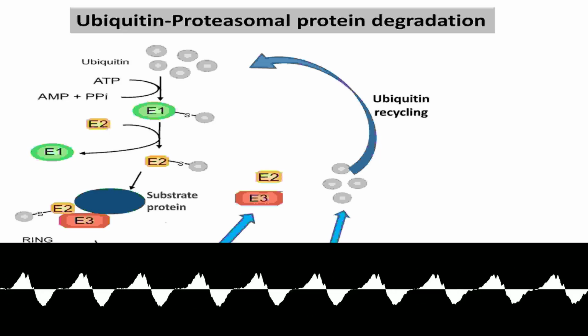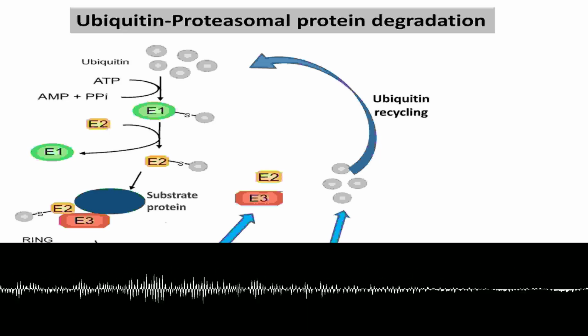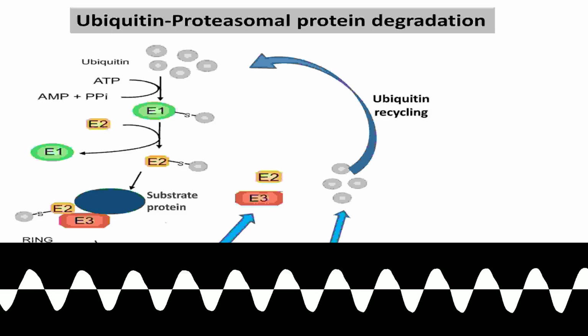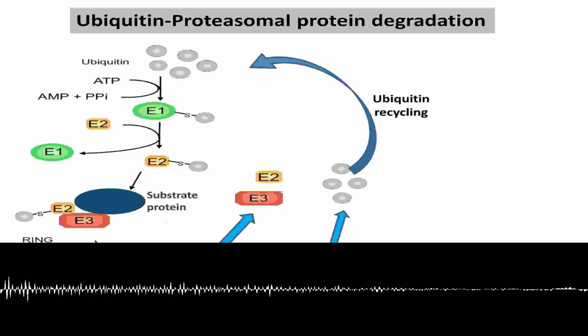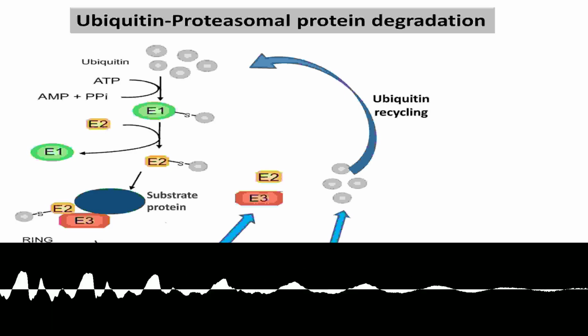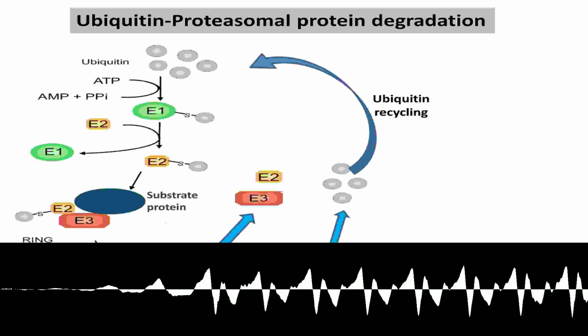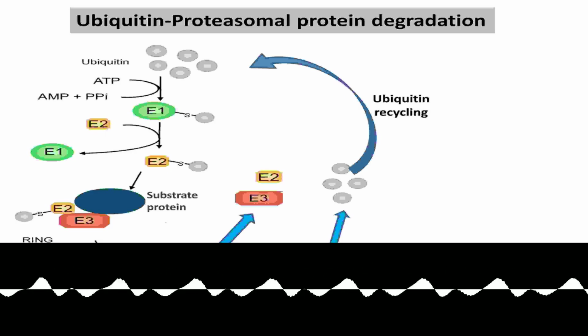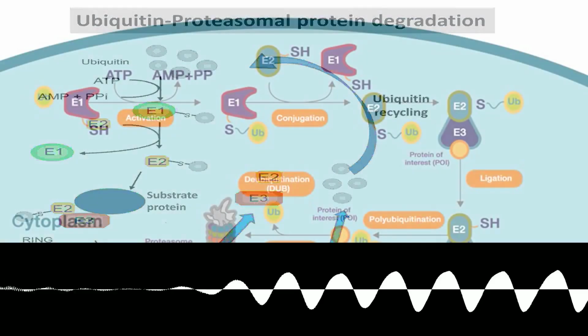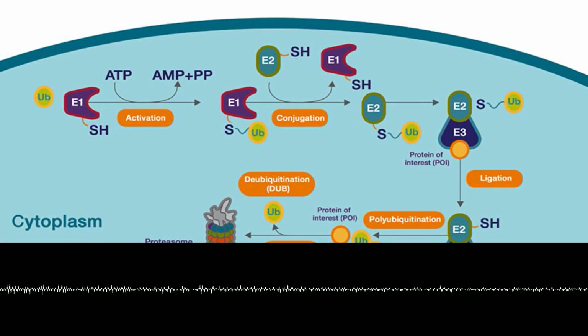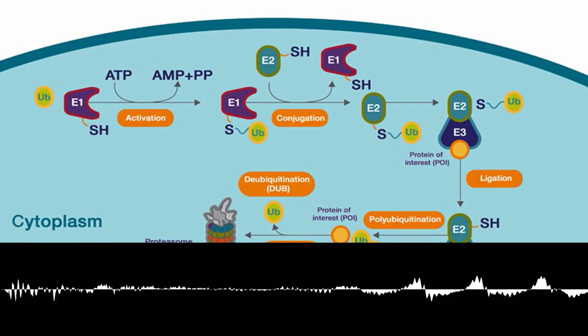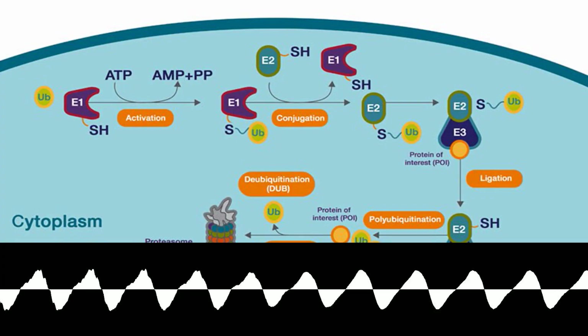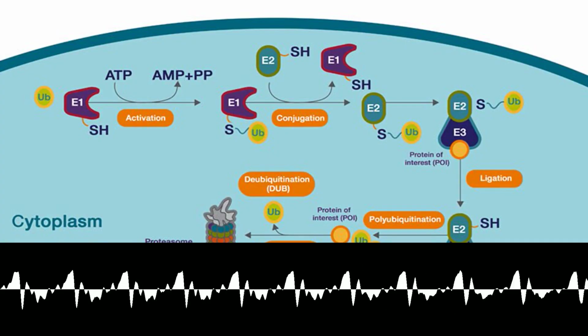Section 12. Evolutionary Conservation and Ubiquitin's Ancient Origins. The remarkable evolutionary conservation of the ubiquitin system across diverse species underscores its fundamental importance in cellular life. Ubiquitin itself is nearly identical in sequence from yeast to humans, indicating that its function has been stringently conserved throughout evolution.